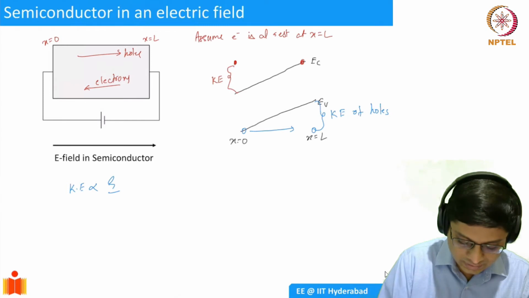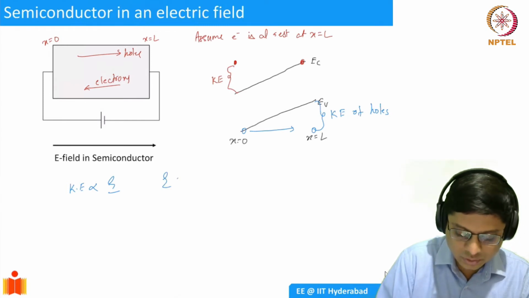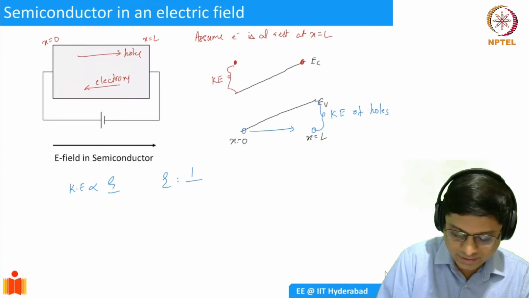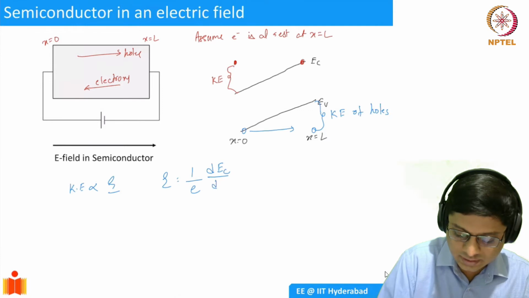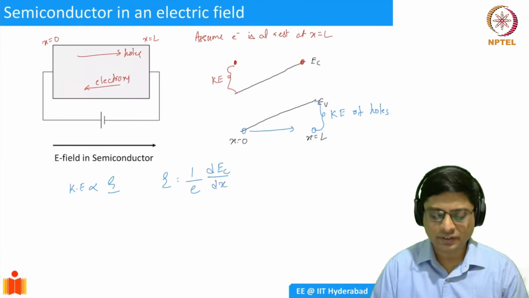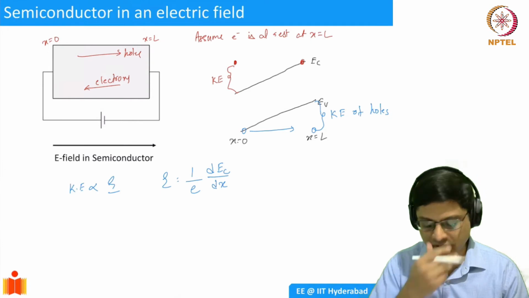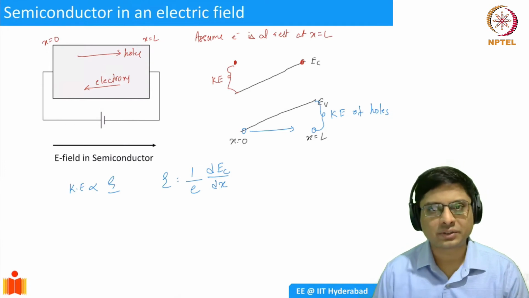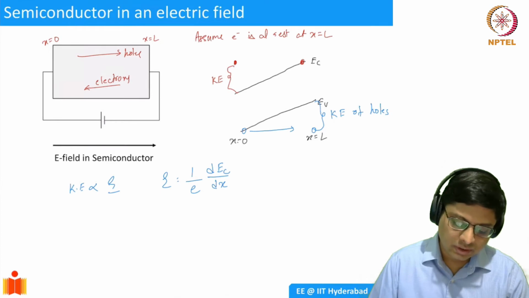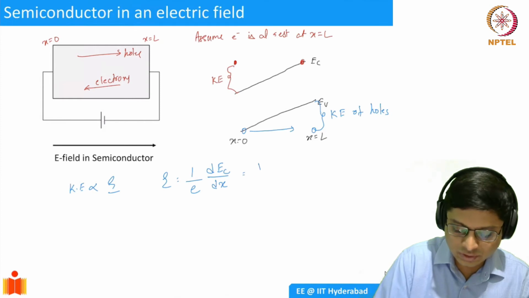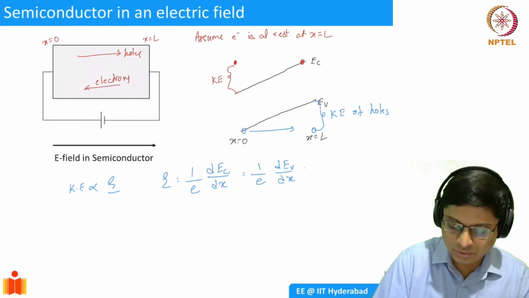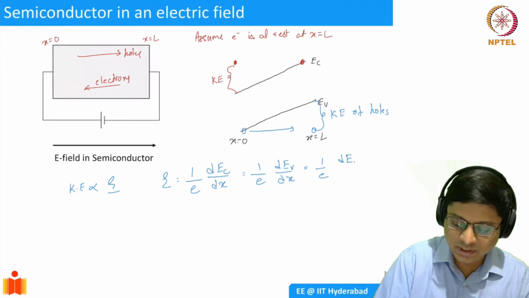So you could easily verify that the electric field is going to be 1 over q, the charge of the electron, times dEc by dx. Electric field times charge is the force, and times the distance is the work energy. You don't have to write it only as EC; we can also write it as 1 over q dEv by dx, or in terms of the intrinsic energy, 1 over q dEi by dx, any of them.